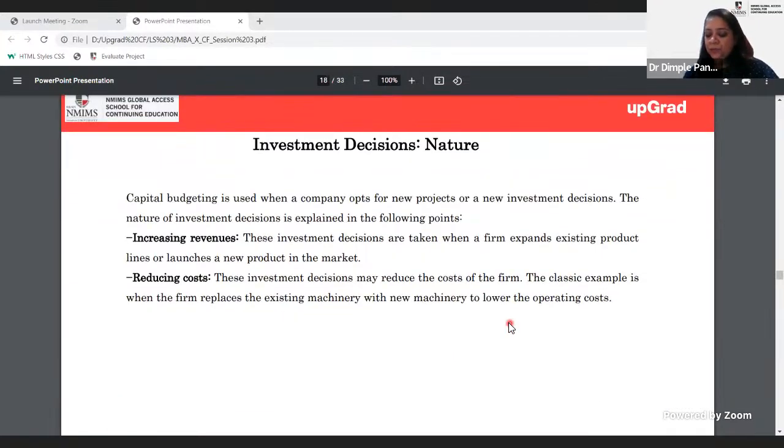Now, when you're making your investment decisions, when you're deciding which of the projects I should go for, definitely you would want to select the project that's going to increase your sales revenue and bring down the cost, agreed or not? When you're selecting the projects, would you have in the back of your mind that you would want to select the project which is going to increase your top line and reduce your cost?